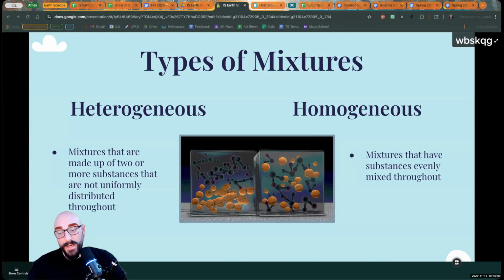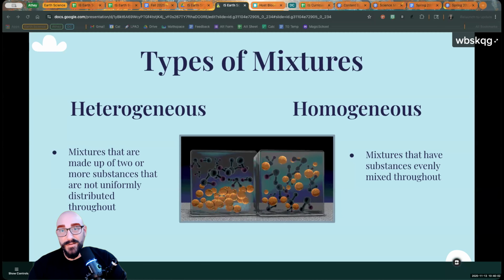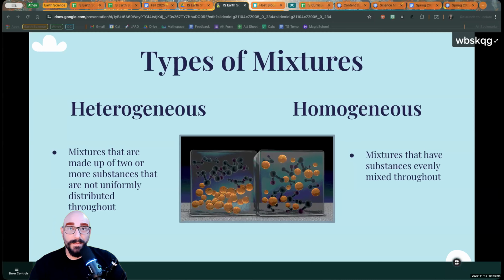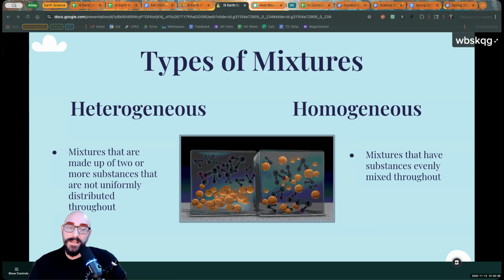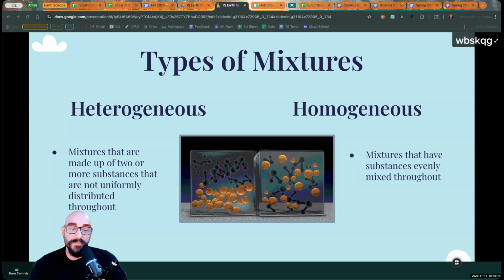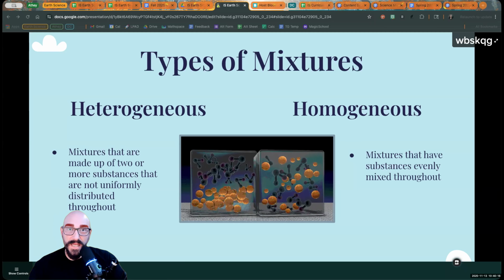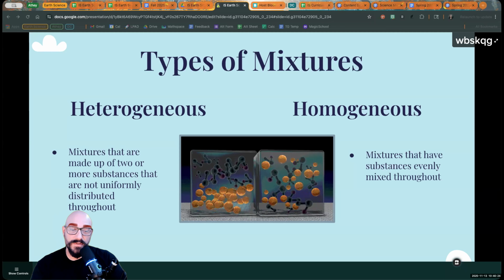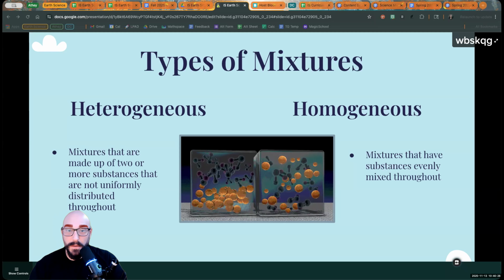I could take a scoop out of one side and a scoop out of the other side, and they're not going to be the same amounts of stuff. A homogeneous mixture is all mixed evenly. No matter where I take a scoop or a sample out, they're all going to be the same. Heterogeneous, I could take samples from different spots and they'll be different because it's not mixed evenly.